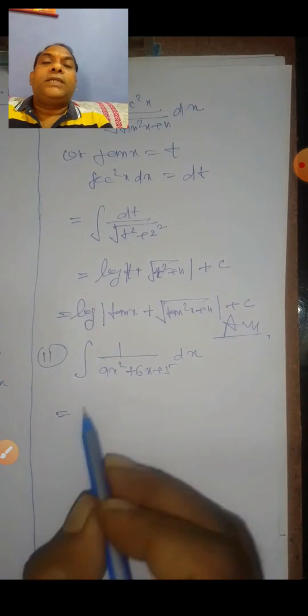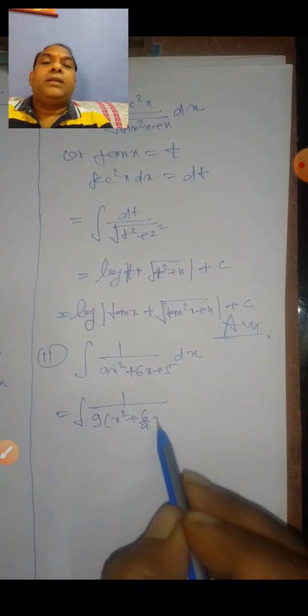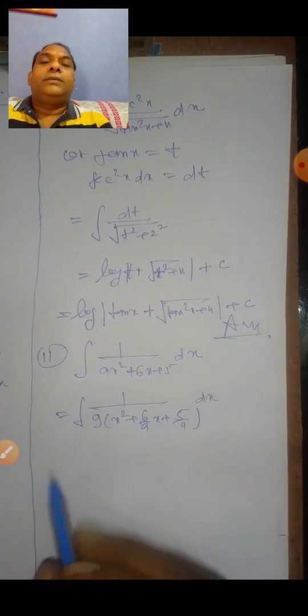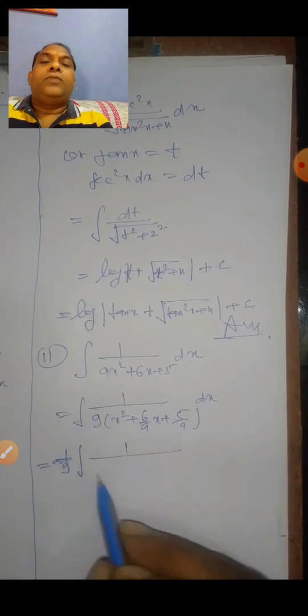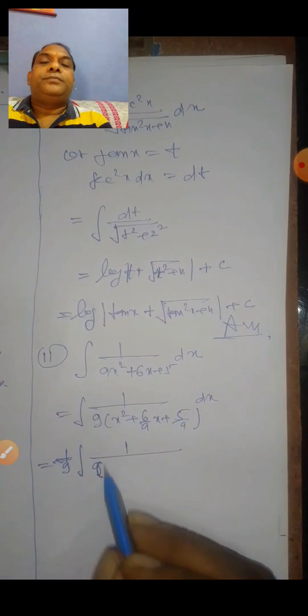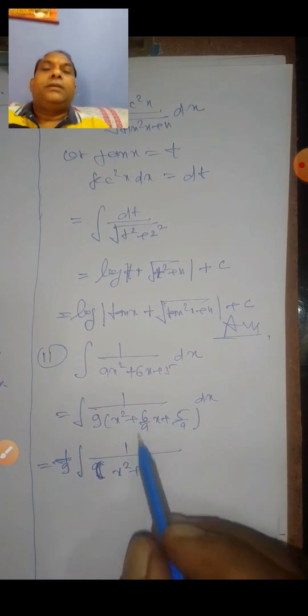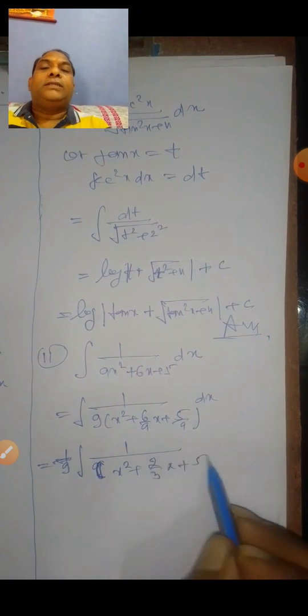Now firstly completing the square, so taking out common 9, 1 upon 9 taking out, 1 upon x square plus 6 upon 9 can be written as 2 by 3x plus 5 upon 9.